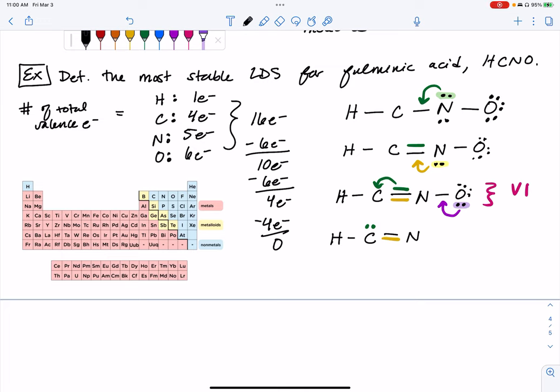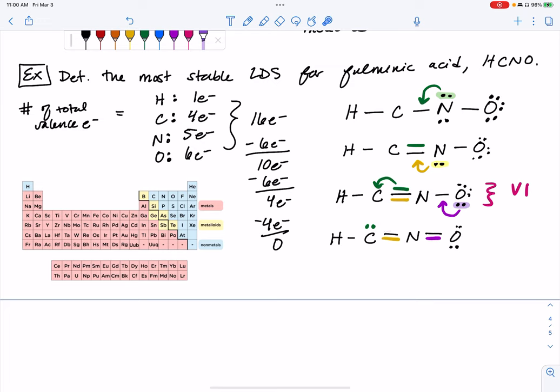So I now have a double bond between nitrogen and carbon and a double bond between nitrogen and oxygen. And let's see if this is all right in terms of octet. So duet met on the hydrogen. I cannot give it a double or triple bond because this is an exception to octet. Looking at my carbon, 2, 4, 6, 8, this octet is met.